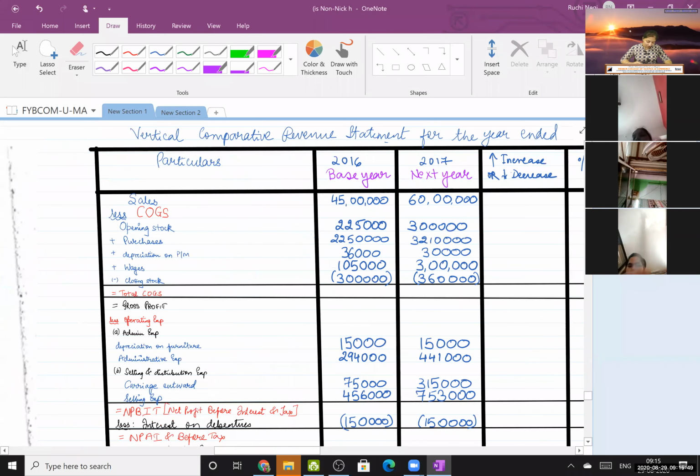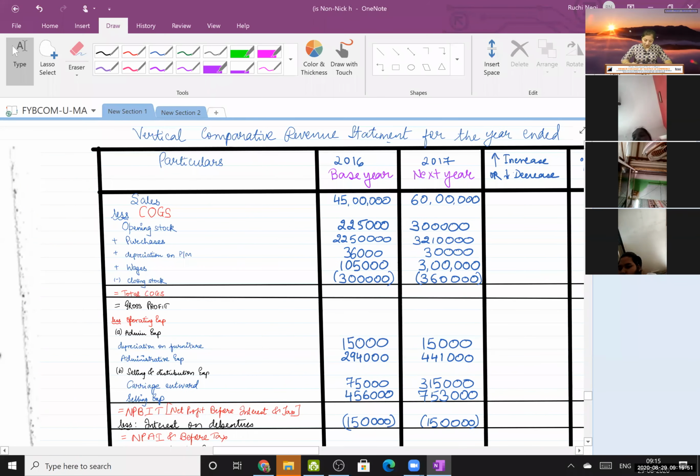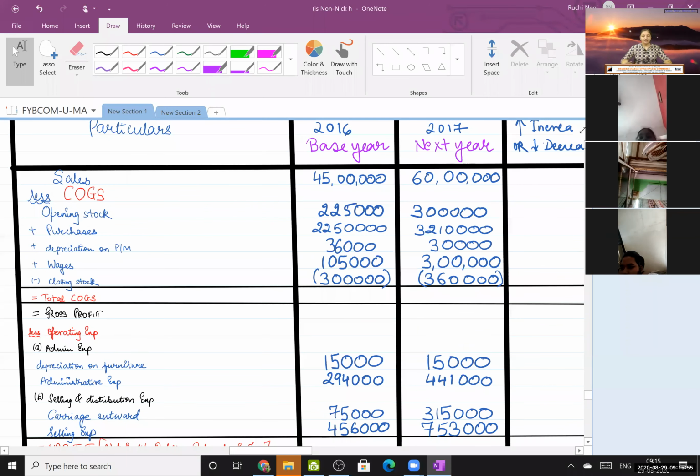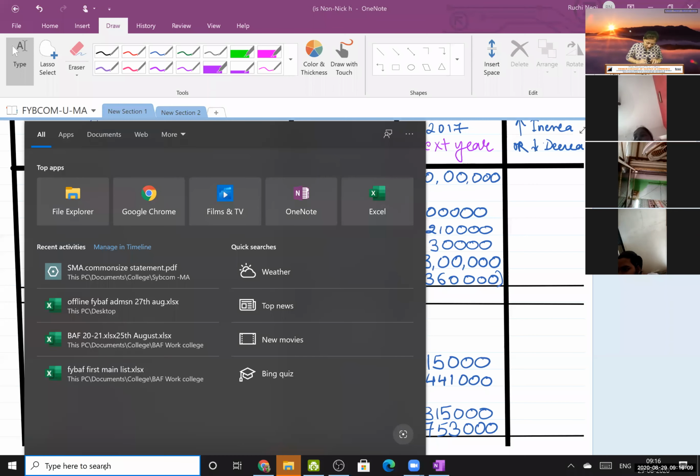Okay, start. First complete the 2016 and 17 column. So write down first sales, 45 lakhs and 60 lakhs. इसको साथ साथ में solve भी करूंगी मैं.